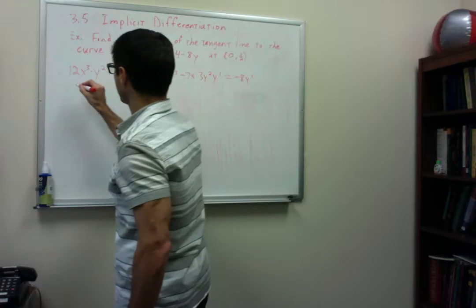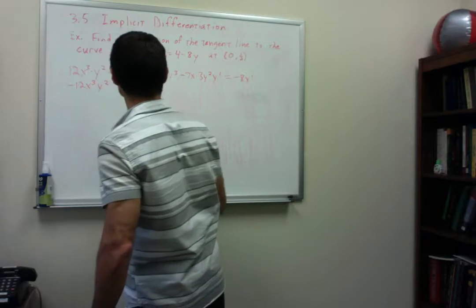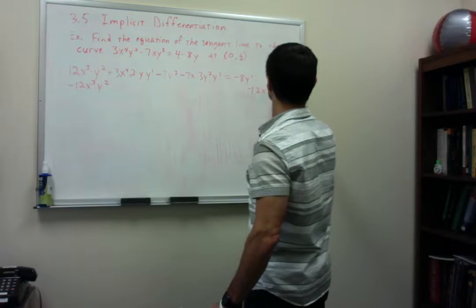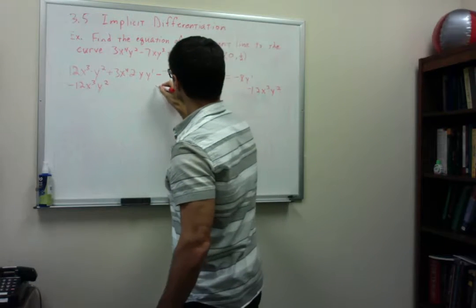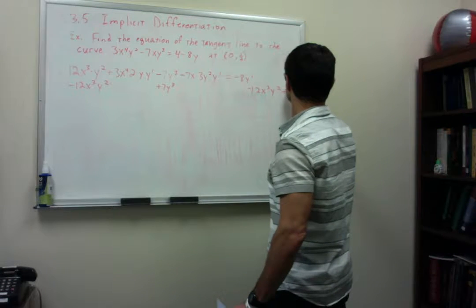So I want to subtract 12x cubed y squared from both sides, and then add 7y cubed to both sides.